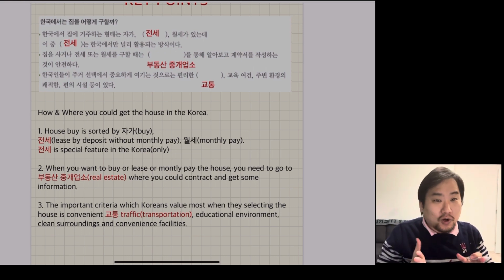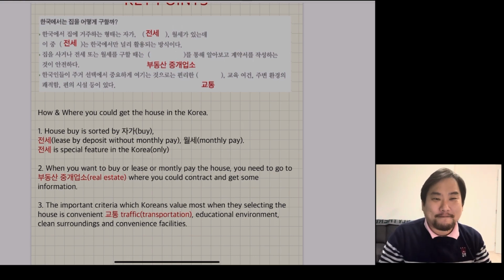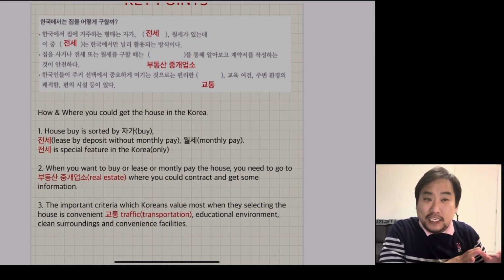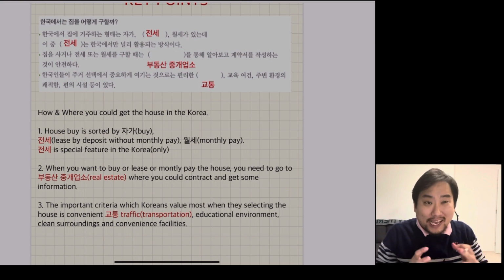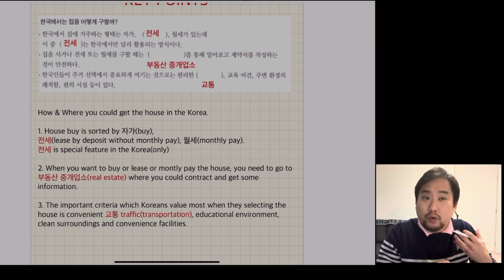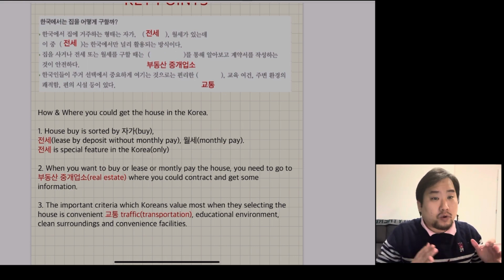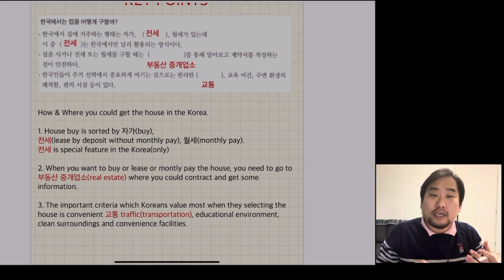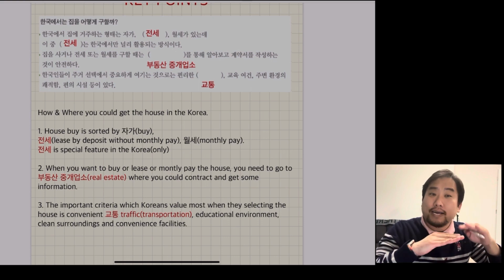So based on these key points, let's deal with Unit 5 together. Again, if you understand the concepts and vocabulary in the key points, you'd better study only the key point section. But if you have any difficulty understanding vocabulary, paragraphs or sentences, you'd better study with me step by step.